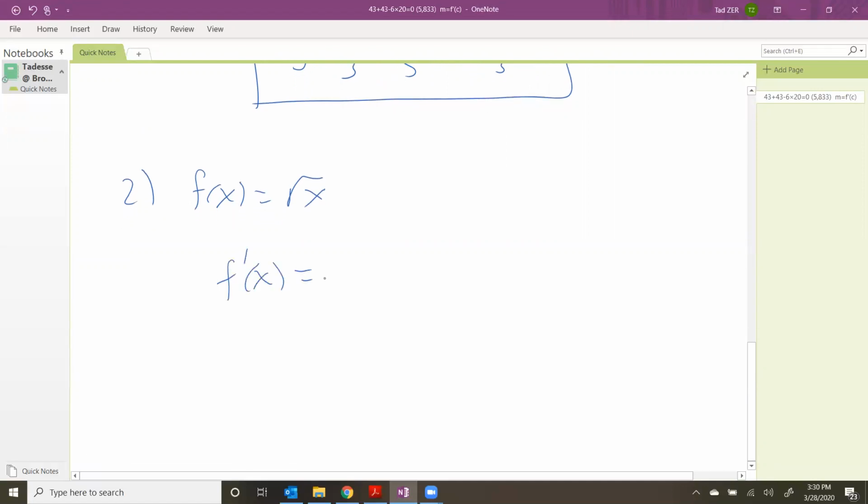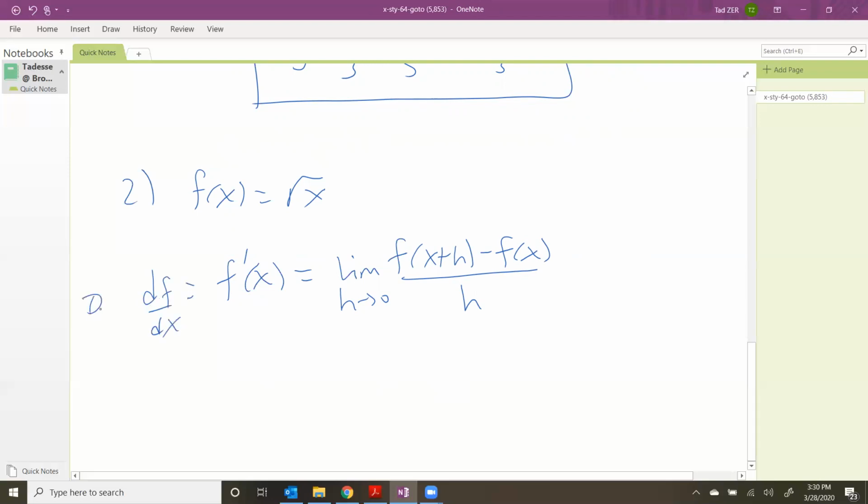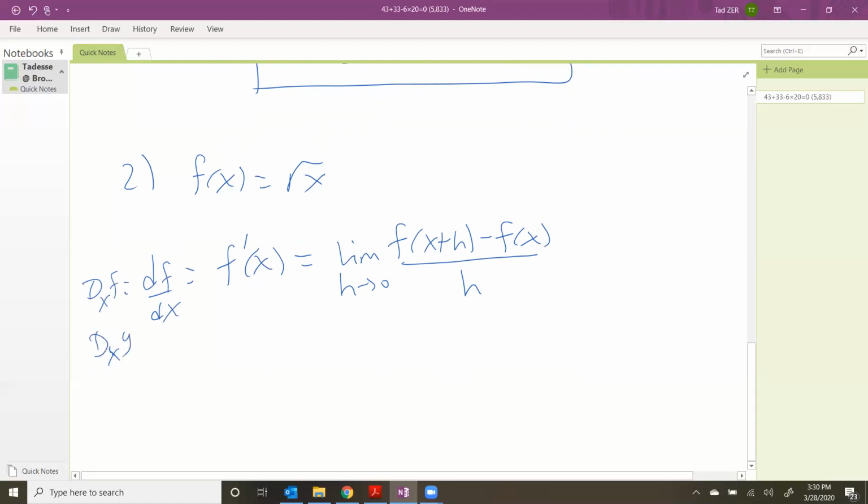The definition of derivative says if the limit of f of x plus h minus f of x over h, as h approaches 0, if this limit exists, then we denote it by f prime, or the derivative of f by dx, or d sub x of f, or d sub x of y, whatever. All these are called derivatives.